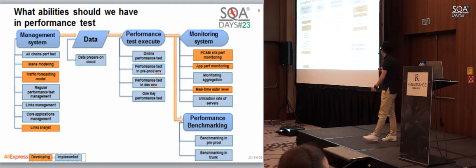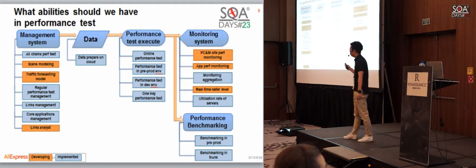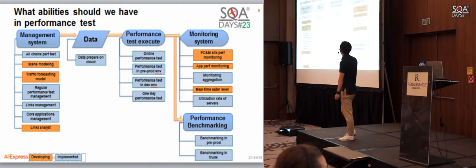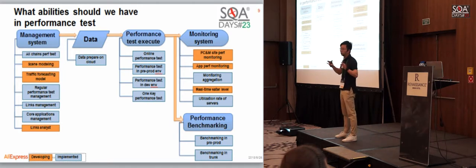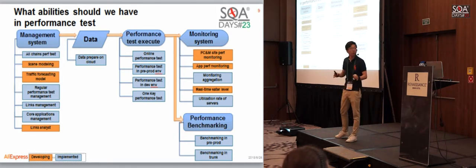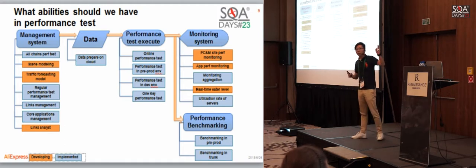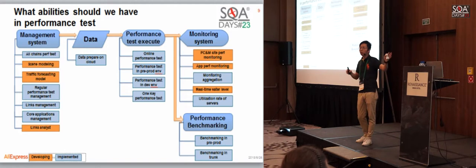For the management system, we need to manage all the full-chain performance tests and regular performance test management, links, core applications, and all the things we use in performance tests, in our platforms. And for the data, we need to prepare our data on the cloud. We can run the task every night.